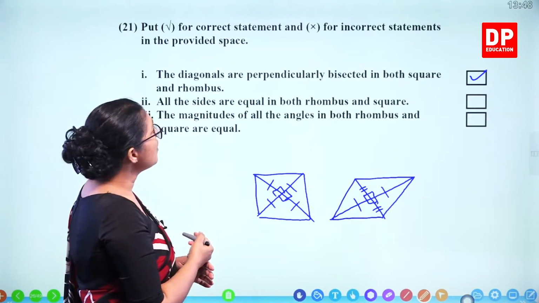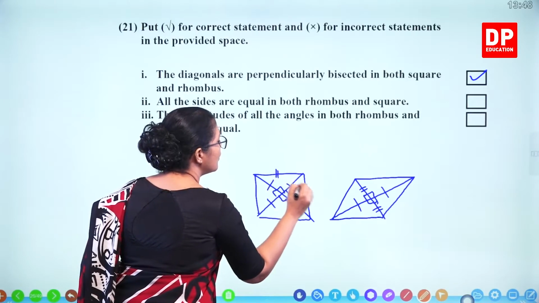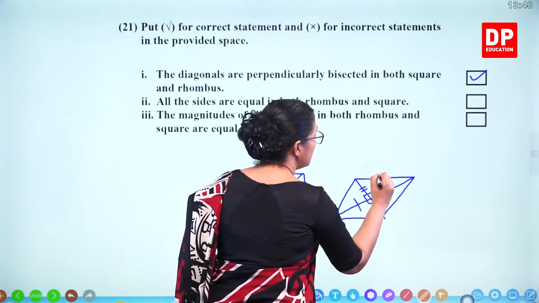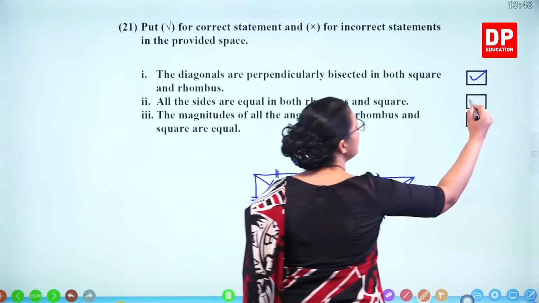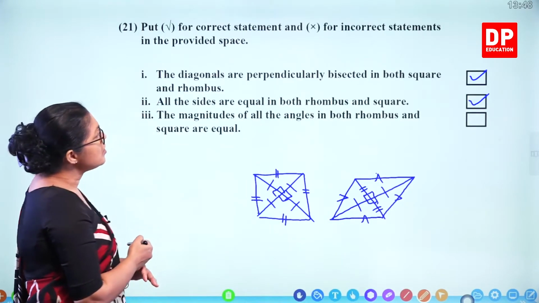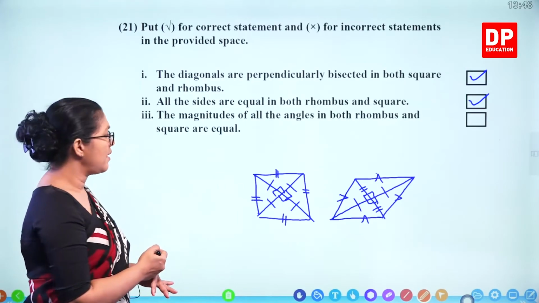All the sides are equal in both rhombus and square. That's also true. So when you take a square, all sides are equal, and rhombus also, all sides are equal. That's also correct. The magnitudes of all the angles in both rhombus and square are equal. That's wrong.